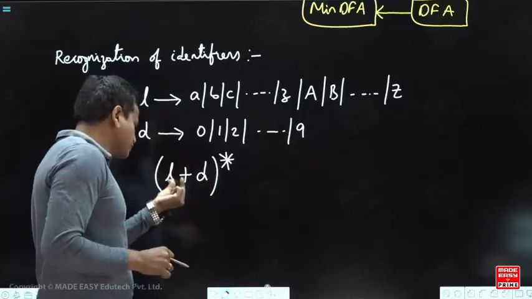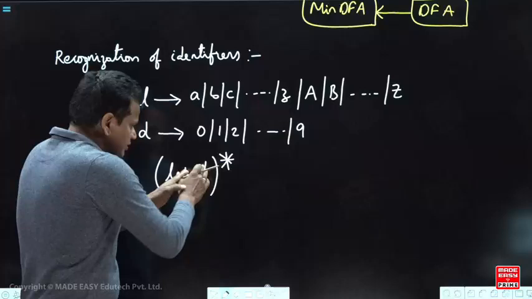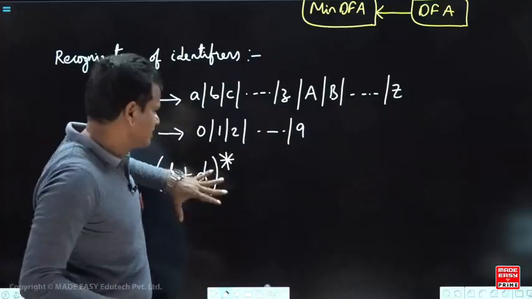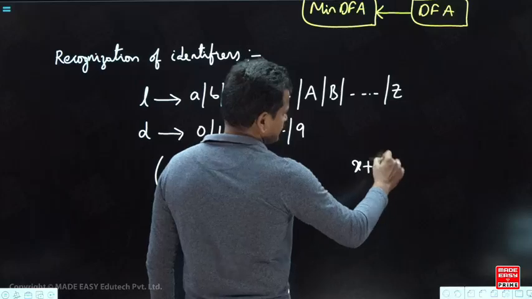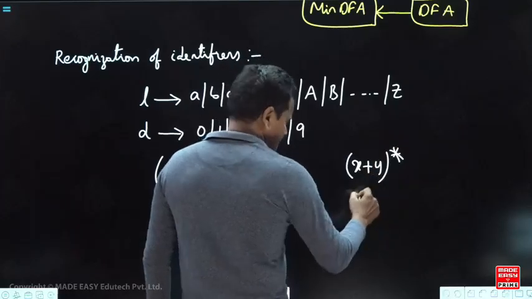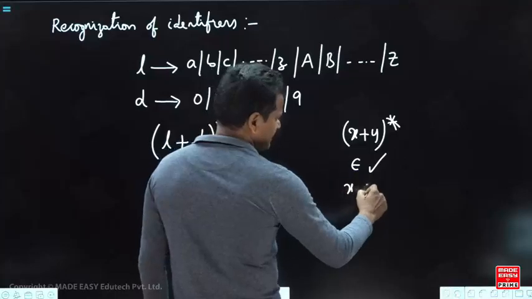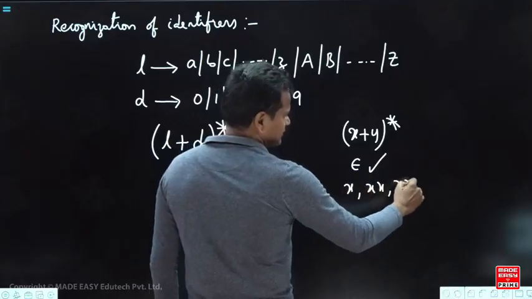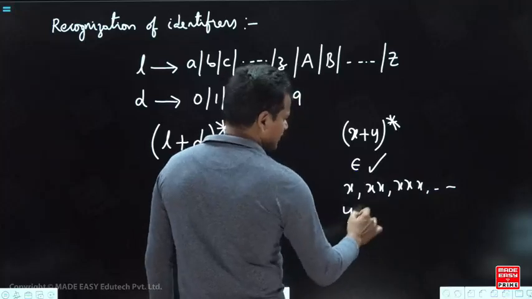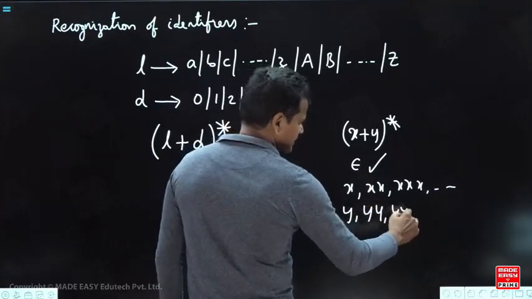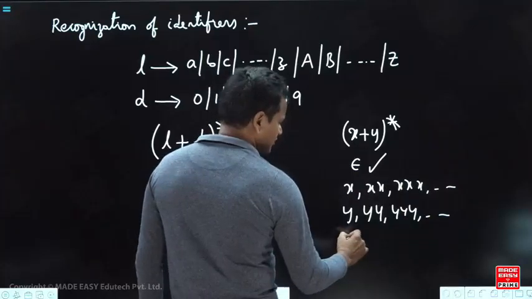You can use only letters, only digits, or both, the combination of letters and digits. I will tell you the meaning of (x plus y) whole star. It can give you only epsilon, or only x, any number of x's, maybe 1 time, 2 times, 3 times, 4 times, or any number of y's only, or any combination of x and y.